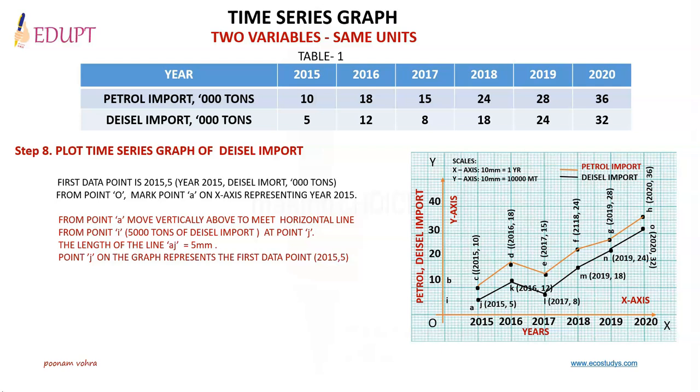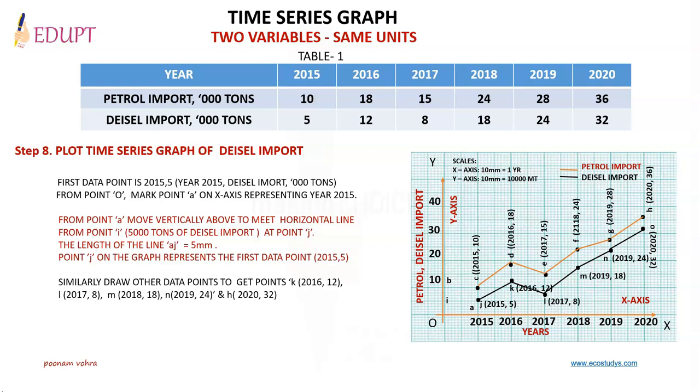In 2019, 24,000 tons, and in 2020, 32,000 tons of diesel is imported, which is represented by points J, K, L, M, N, and O. By joining these points, one gets a time series graph for diesel import.